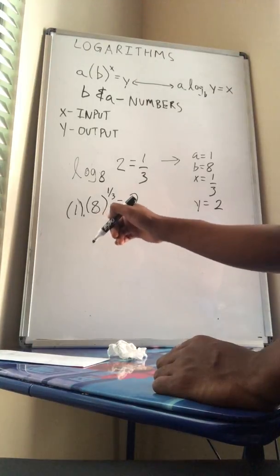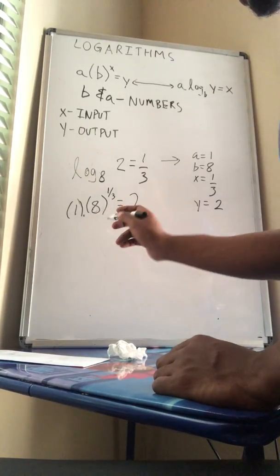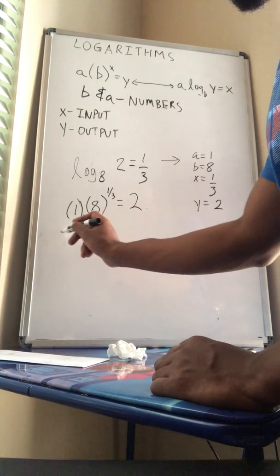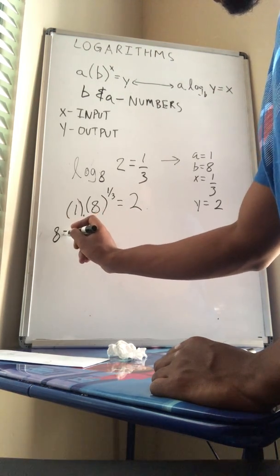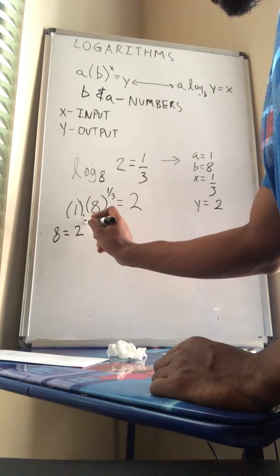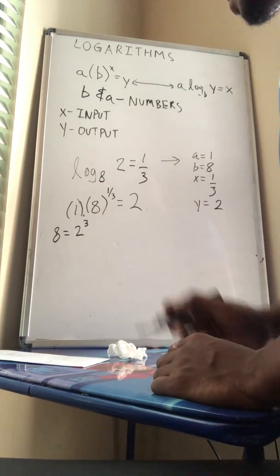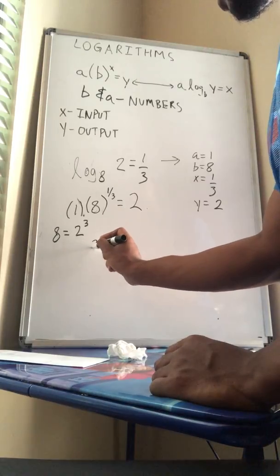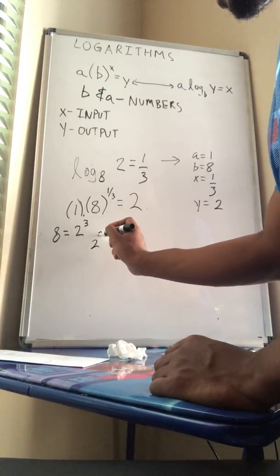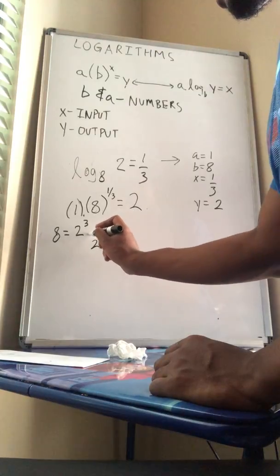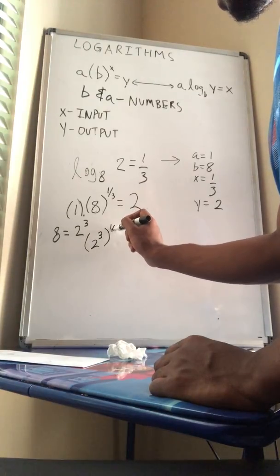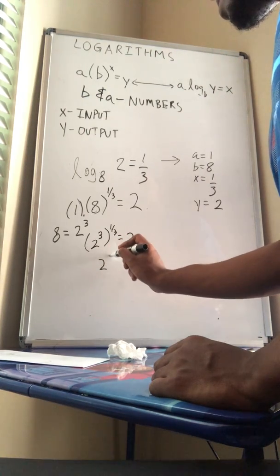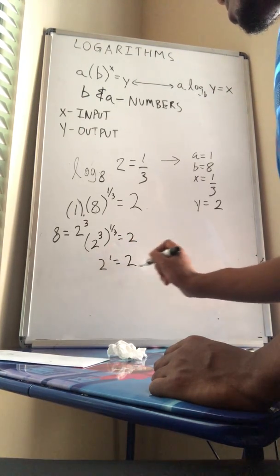So now 8 to the 1/3 power is 2, because you can identify 8 as being equal to 2 cubed. So if I wanted to include this step, I would say 2 cubed to the 1/3 is equal to 2, or 2 to the 1 is equal to 2.